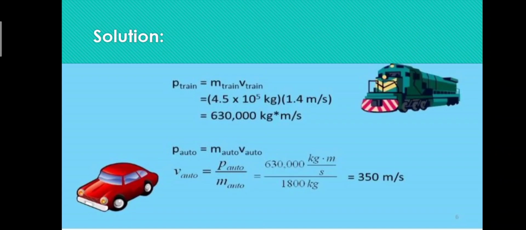Since the kilogram unit is in both, we cancel it out. Now we divide 630,000 by 1,800 kilogram. So the answer, or the velocity of the automobile, is 350 meter per second.